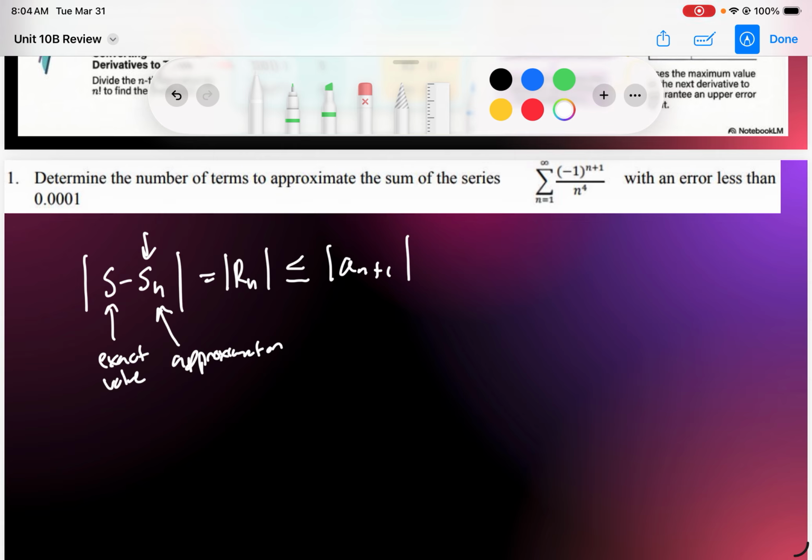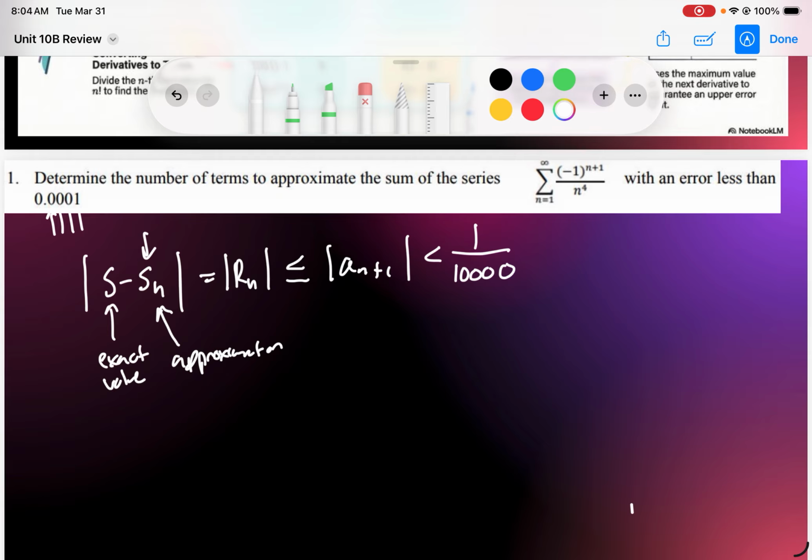That will always be less than or equal to the next term of the sequence. So I need this to be less than 1/10,000. So this would be a tenth, then a hundredth, a thousandth, and a ten-thousandth. All right, so this is what we're going to set up.